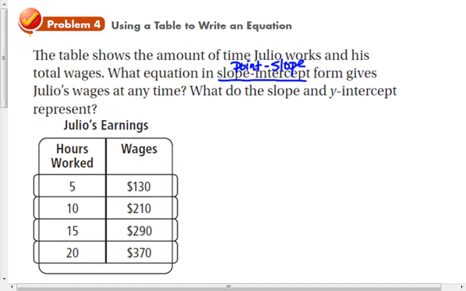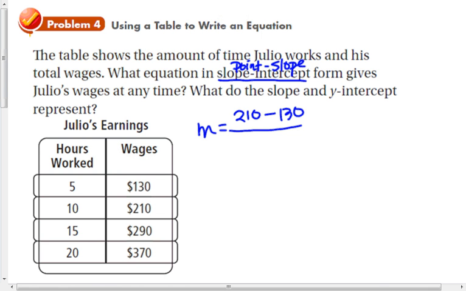So checking this out, we can see that Julio's wages are going up depending on the number of hours worked. So first of all, let's just find the slope, which represents how much he earns per hour. And you can get that by subtracting any two values to get your rise in the wages. So 210 minus 130.